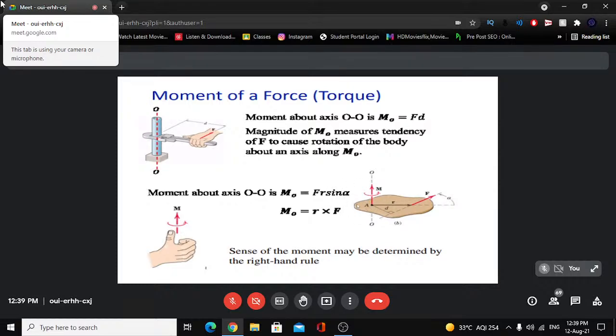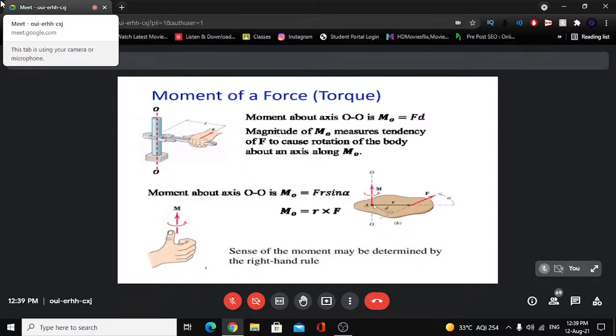Or otherwise, we can find F sine alpha, which will be the perpendicular component. The longitudinal component F cos alpha will pass through O, along the position vector, so it will not cause any moment about O or about A. But the normal component, normal to R, will cause a moment at O perpendicular to the plane of these two vectors.